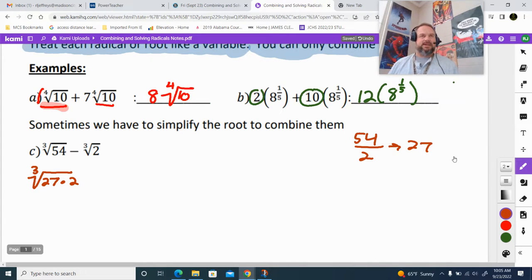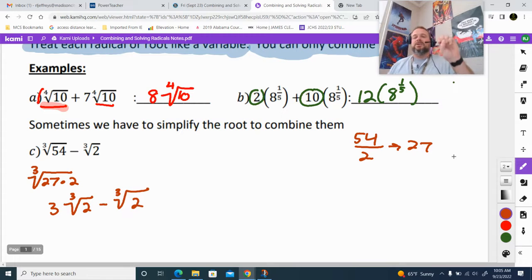We can. What is the cube root of 27? 3. So if we have 3 of something and we take 1 away, how many do we have? 2.